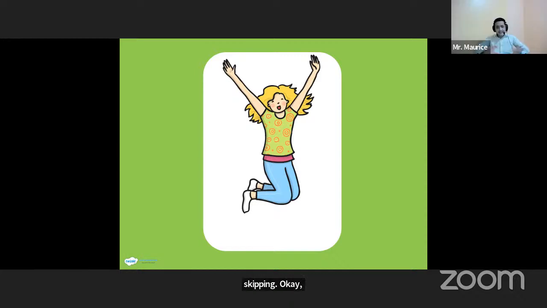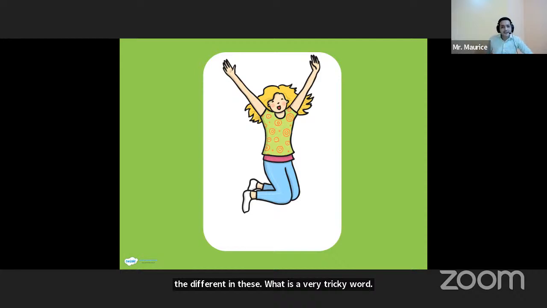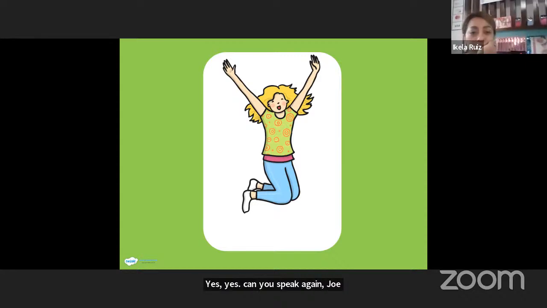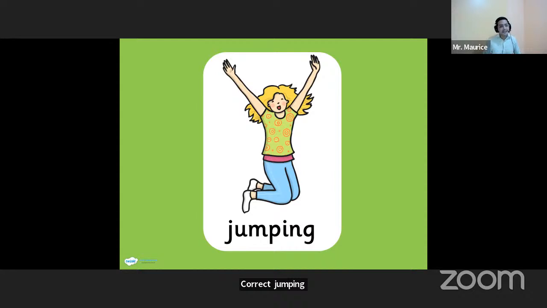Okay, but skipping is different. Later I will show you the difference in these words. It's a very tricky word, but it's not skipping. Jumping. Yes. She is jumping. Correct. Jump es saltar, pues le añado el ing. She is jumping. Ella está saltando.